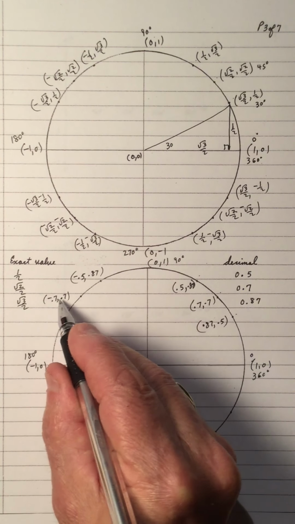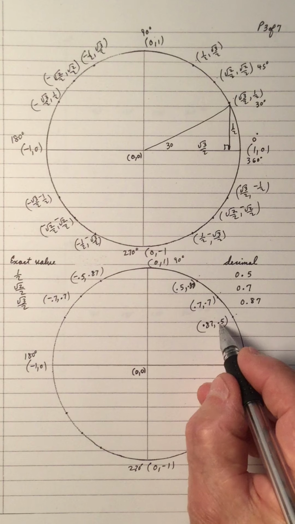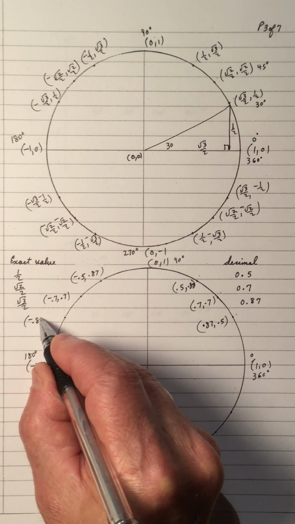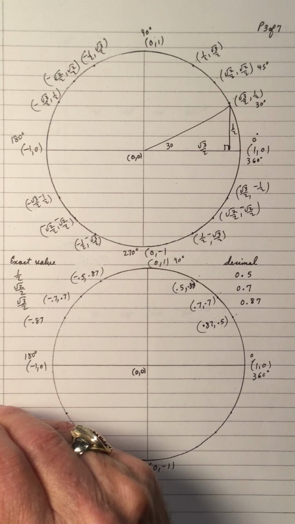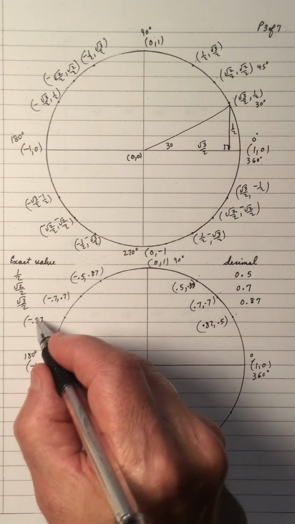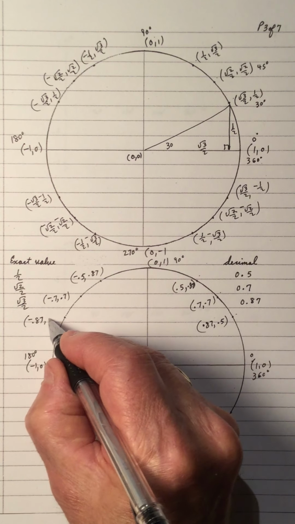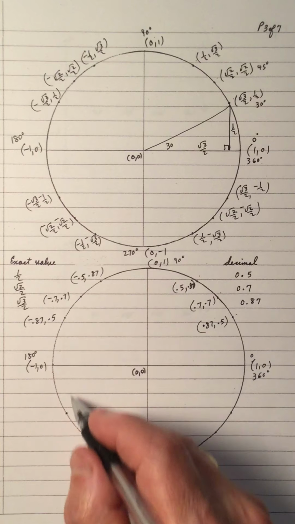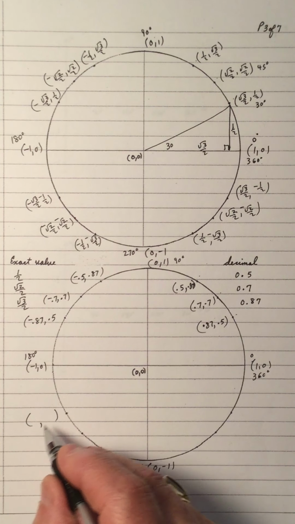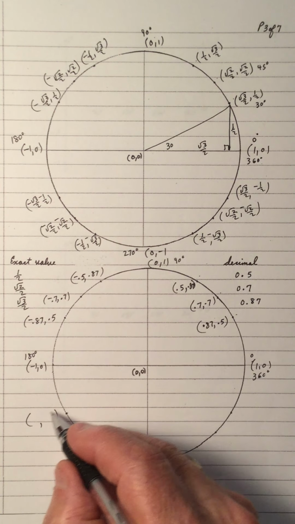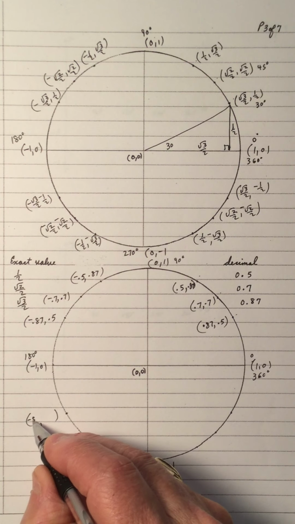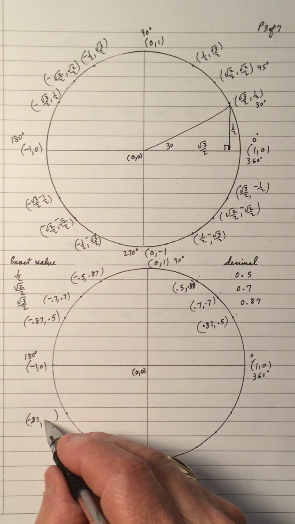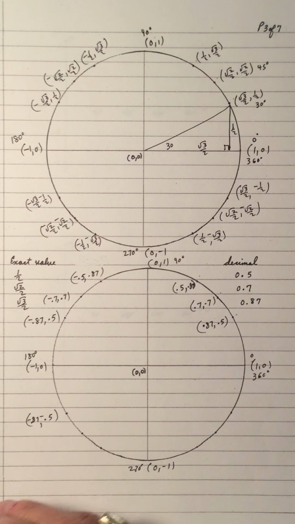When you move over here, the x changes but the y doesn't. When you move here, the x changes to a negative 0.87 and the y is positive 0.5. And if you keep going down to here, again, whatever this one is, the x stays the same, 0.87, and the y is 0.5 but is negative.